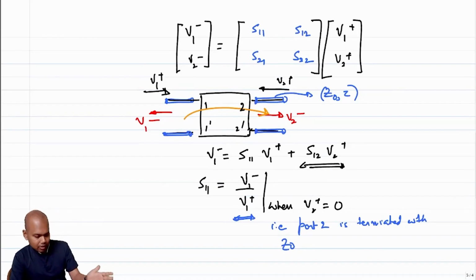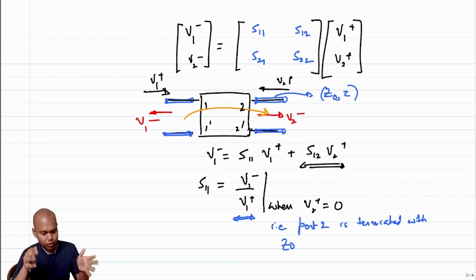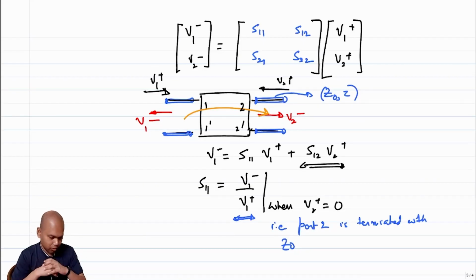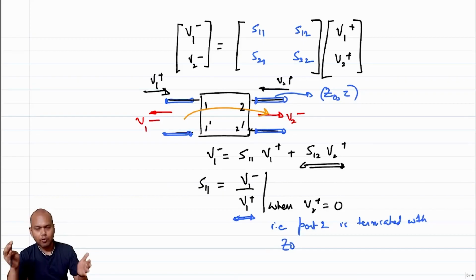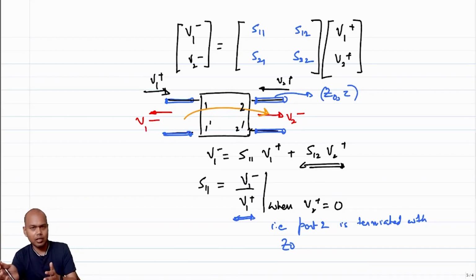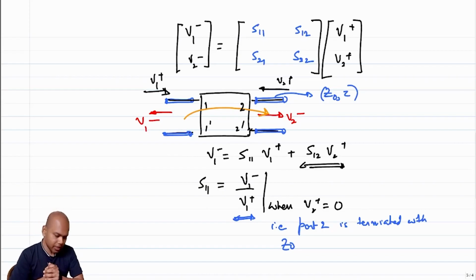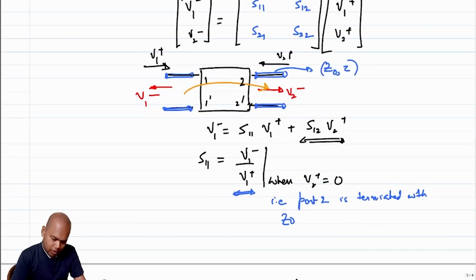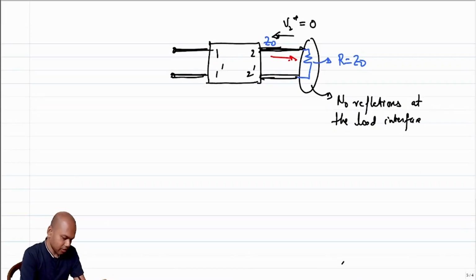The S parameters are capturing the essence of reflections from interfaces, and in order to characterize these ports, we have to terminate one or the other port with a matched load, right? So these are referred with respect to a matched impedance, not an open circuited impedance, neither a short circuit impedance. Okay, so now let's complete the definitions.